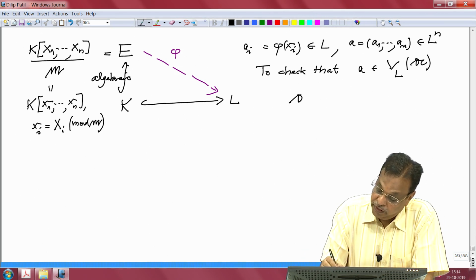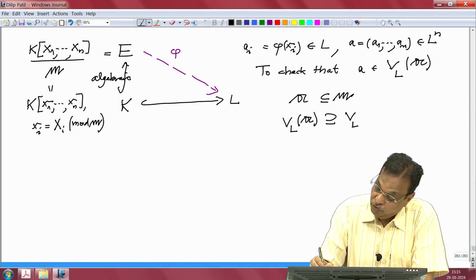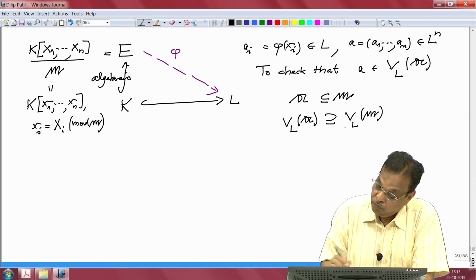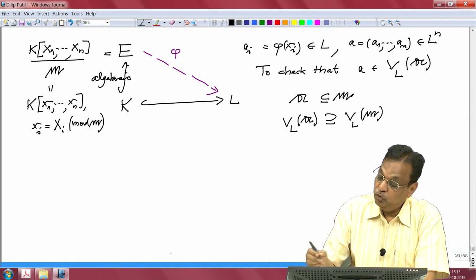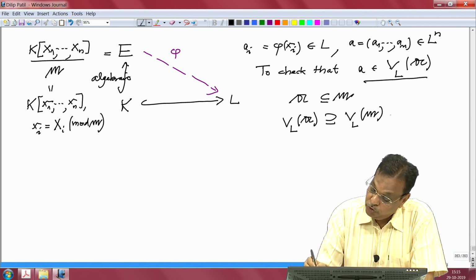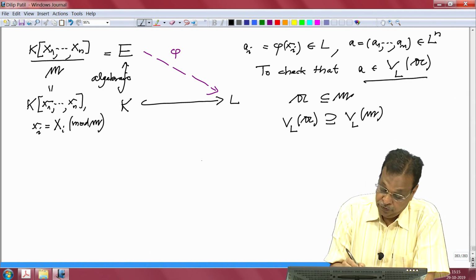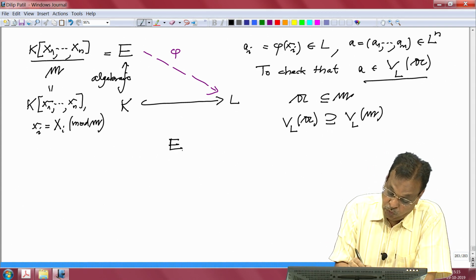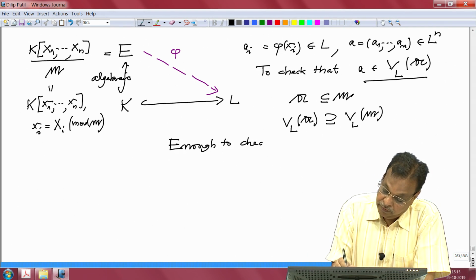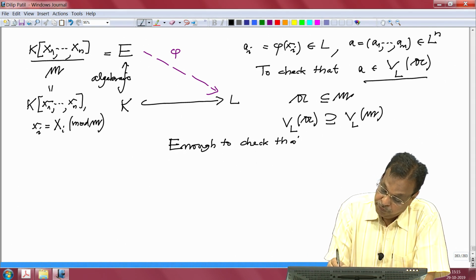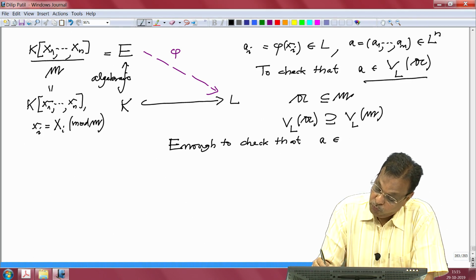So A is contained in M. So therefore V_L is inclusion reversing, so V(M) is contained in V_L of A. So it is enough to check that a belongs to V_L of M.